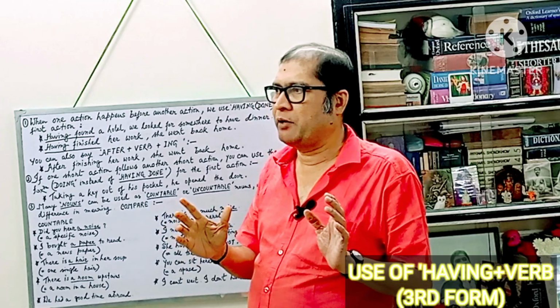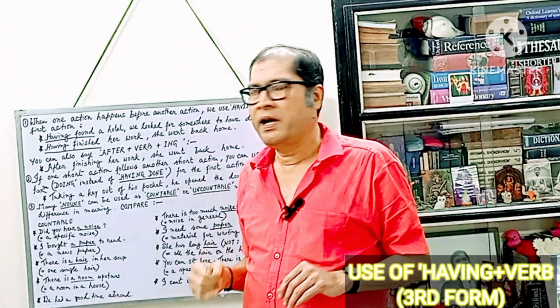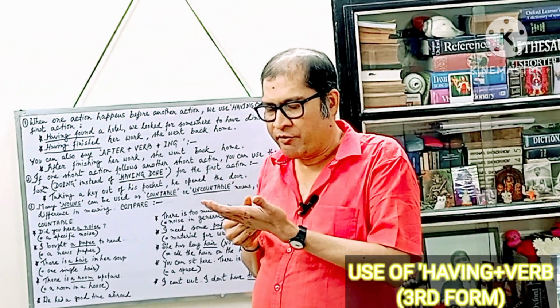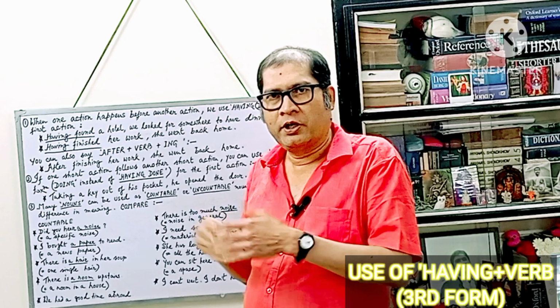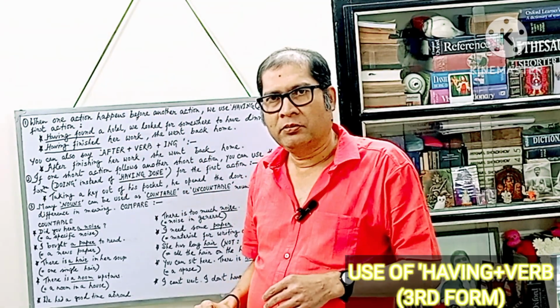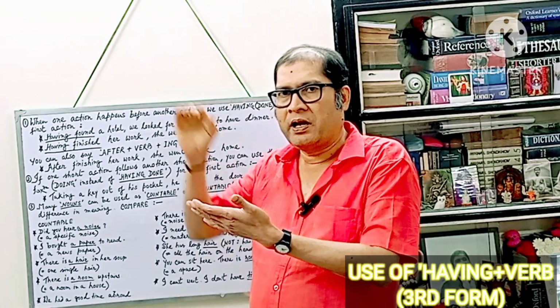By short action, I mean, say, taking the book from the shelf. Taking the book from the shelf, I started reading the book. So taking the book from there is a very short action. That is followed by another. I'm standing here, I'm turning over the pages of the book.